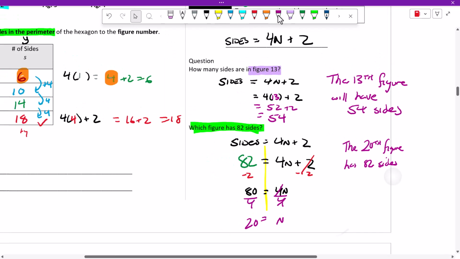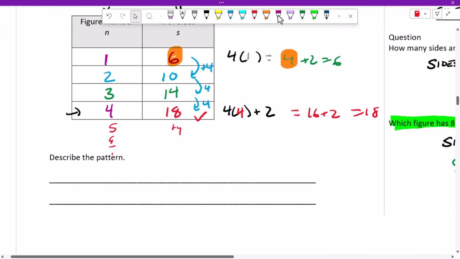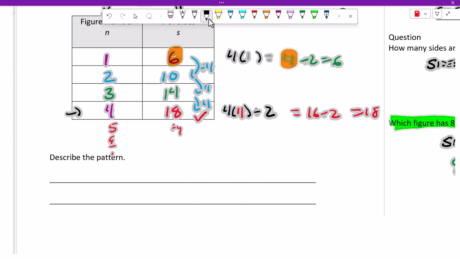One that sometimes throws students off is this question here. It says, can you describe the pattern? And that's where you just look at the pattern. You say, hey, each time the sides grows by 4, right? And then you just put that in your words.